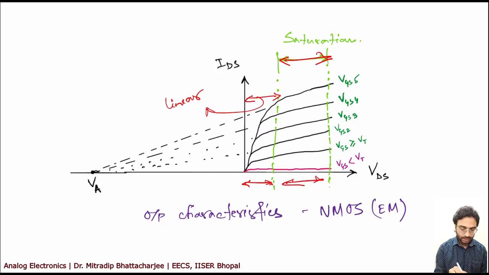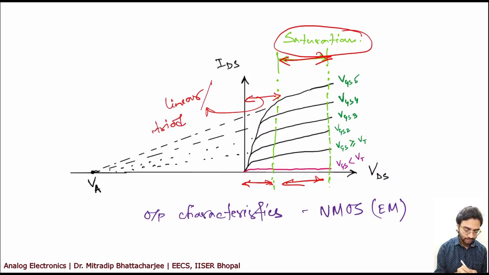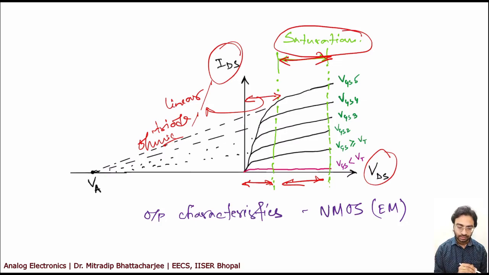We will be operating in the saturation region, not in the linear region. The linear region is also known as the triode region. A few people say ohmic region. Why do people say ohmic region? Because there is a linear relationship between IDS and VDS, so you will find this part is ohmic.